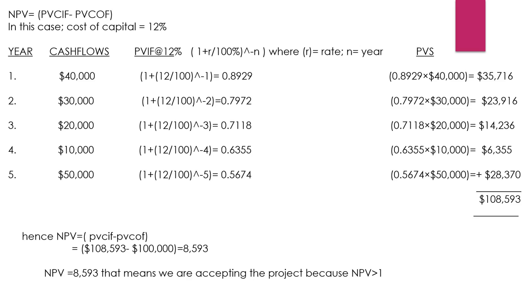So in year 2, cash flow is $30,000. So our present value of cash inflow will be 1 plus, open the bracket, 12 over 100, you close the bracket, you raise that answer to power -2. This means we are in the second year, so power -2.